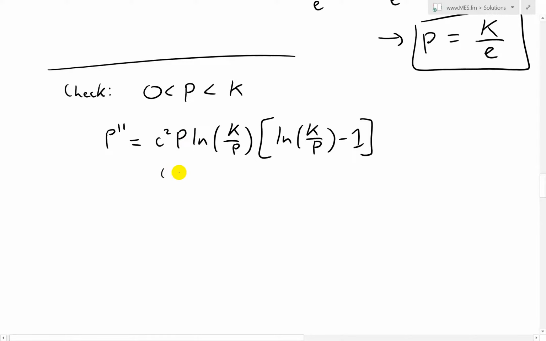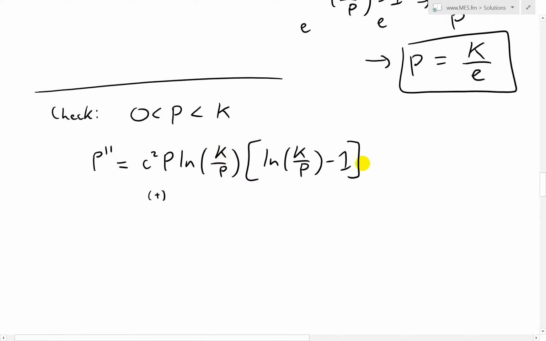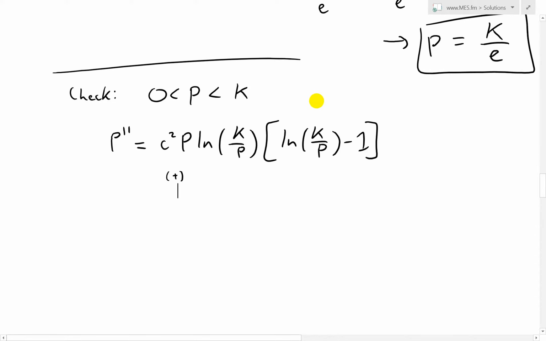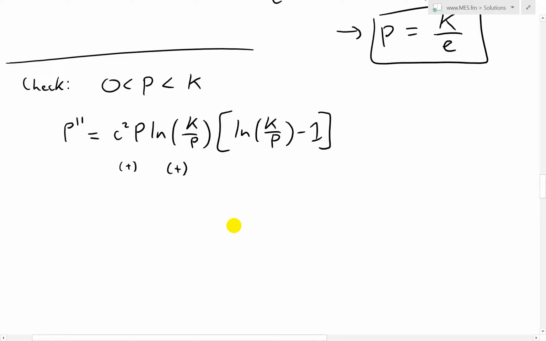On the other side, since P is less than K, K over P is greater than 1. As I explained, if it's greater than 1, then ln K over P is greater than 0. So this is positive whenever P is less than K and greater than 0.